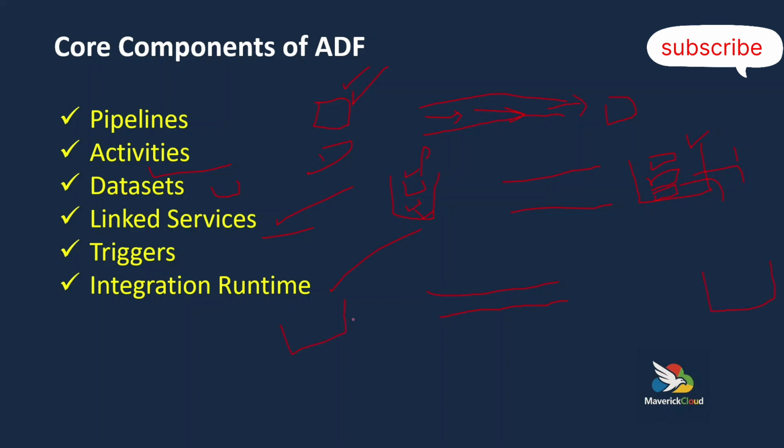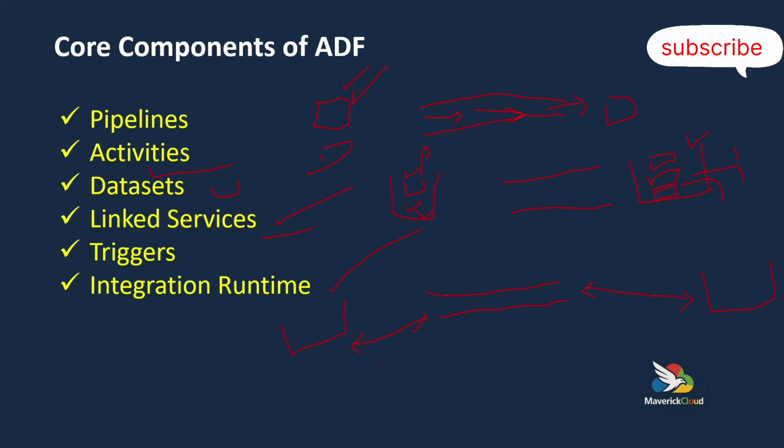If we want to connect the pipeline to the source, and connect the pipeline to the sink, the target where we want to store the data, to make this connection we need a connection string. Okay, and that is called a linked service.